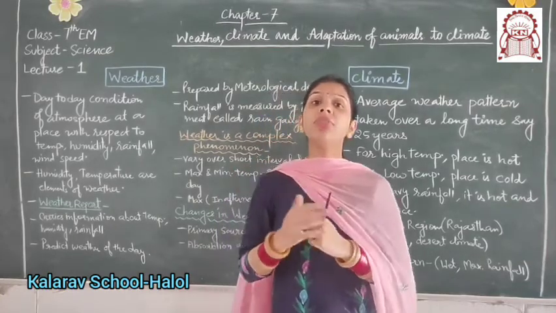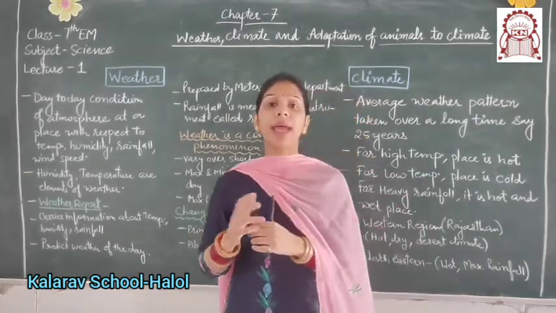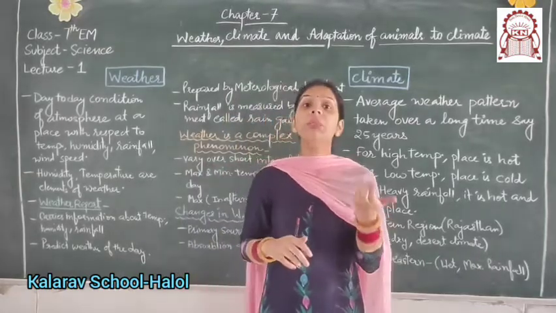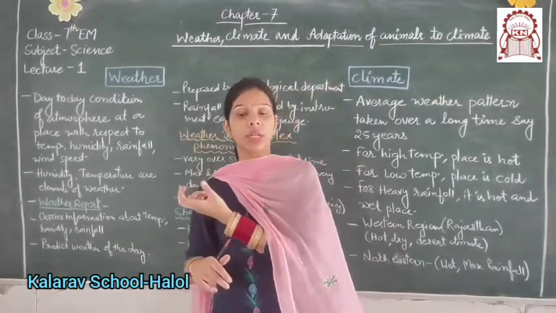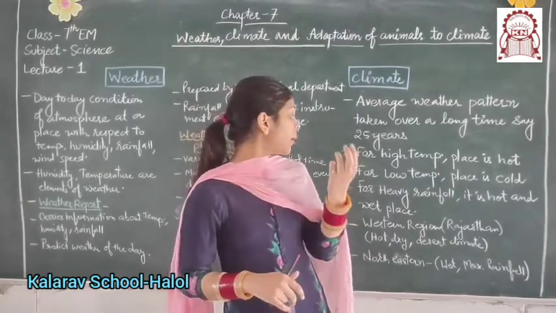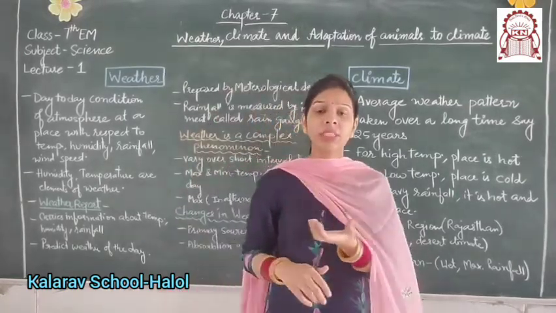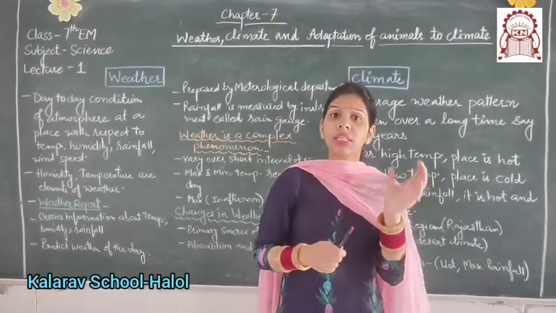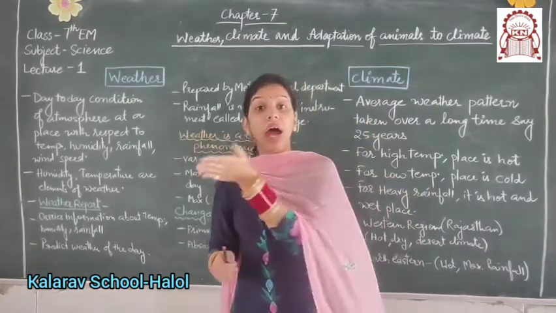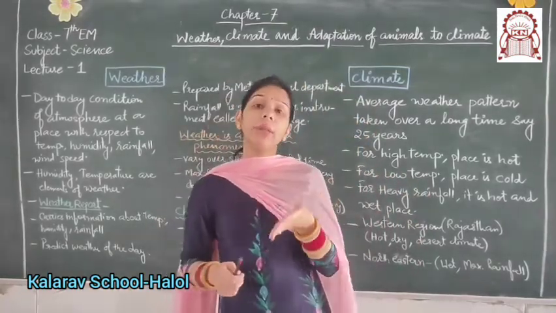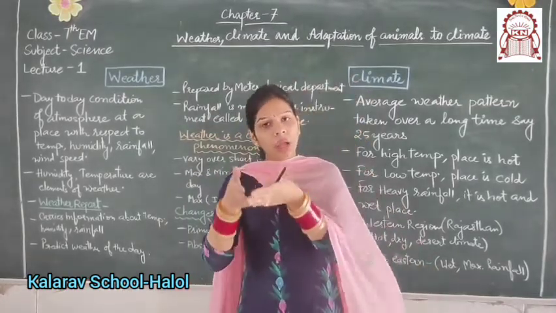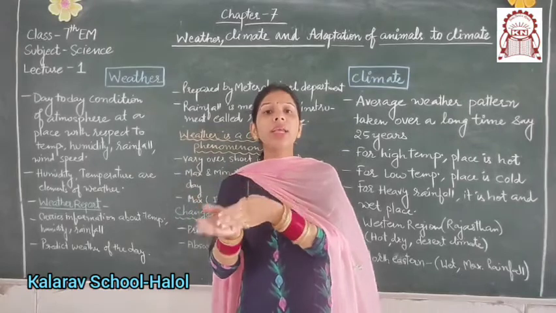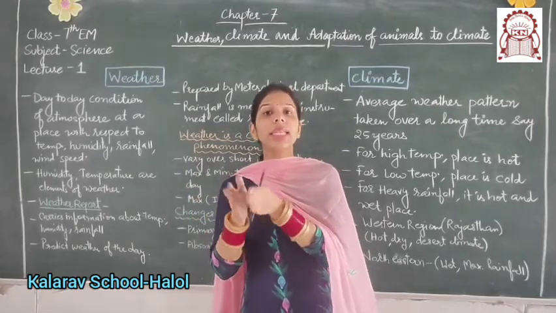The climate of that place is understood by the maximum and minimum temperature measuring thermometer. The maximum temperature of that place is recorded in the afternoon, and the minimum temperature of that place is recorded early in the morning or even in the evening.